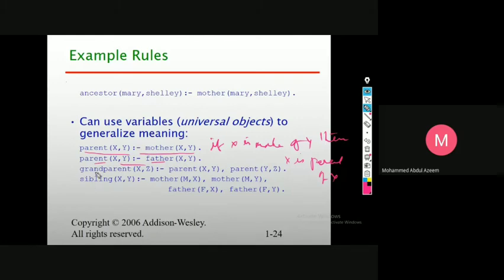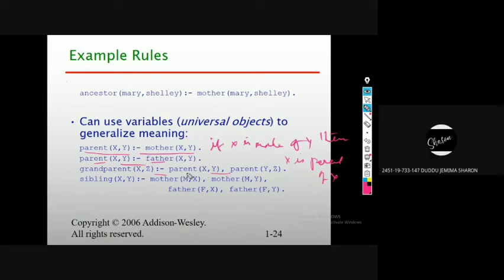Now, look at this rule. You can find there are two propositions, right? Two relationships, two functors on the antecedent part. So how do you interpret this?